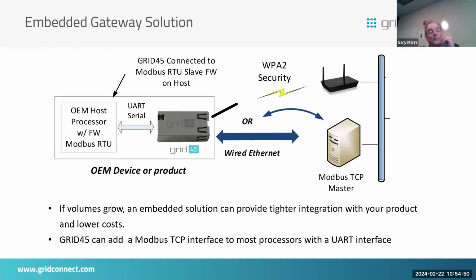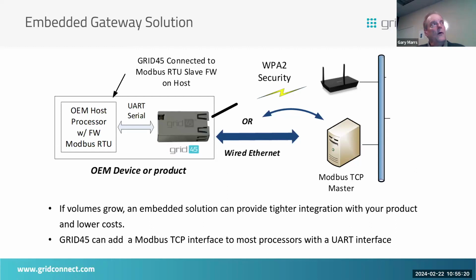This is an embedded gateway solution. So we always recommend that if you have a Modbus serial device and you want to take it to Modbus TCP or any other network, you start with a gateway, because the gateways are really easy to implement. They're very versatile, and you can be up and running on that protocol fairly quickly.